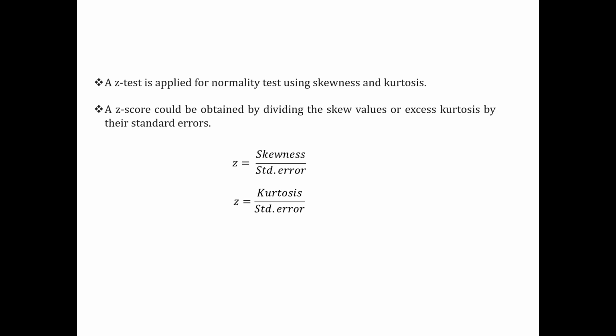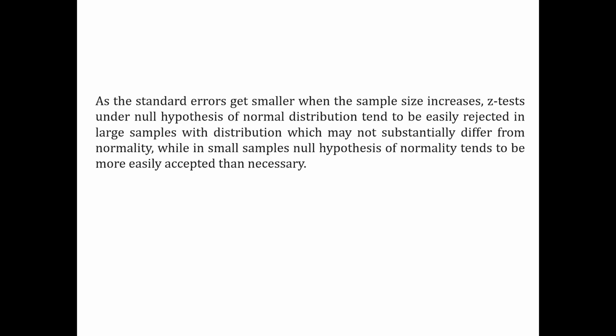A Z test is normally applied to check normality using skewness and kurtosis. A Z score should be obtained by dividing the skewness value or the excess kurtosis by the standard error. Here is the formula: Z is equal to skewness divided by standard error, or in the case of kurtosis, Z is equal to kurtosis divided by standard error.